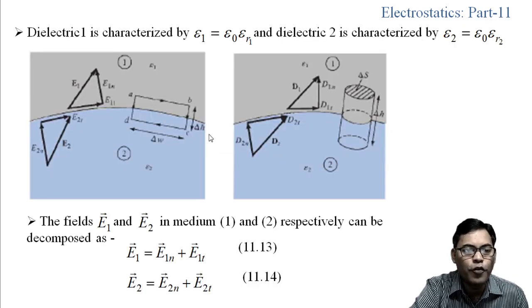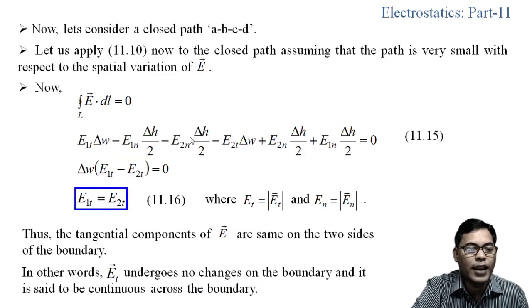Now we will move from B to the surface. This distance is del H by 2, since the total distance is del H, so half the distance is del H by 2. In this case, you see that the electrostatic field is in the opposite direction, E1n. So we need to write minus E1n into del H by 2. That is why the minus sign is given.